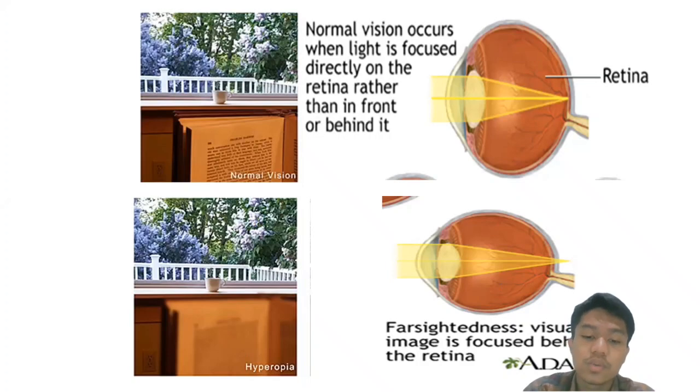Your eye being too short from front to back causes farsightedness. Another cause is your cornea or lens being too flat, and this defect causes light rays to focus just behind the retina. People with farsightedness are usually born with it.